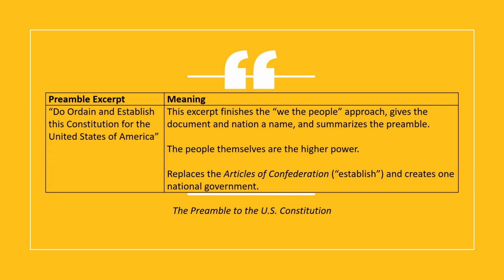And it summarizes the preamble, right? The goals and purposes of government are going to be found in the Constitution that we are establishing. The people themselves are the higher power. This phrase in particular replaces the Articles of Confederation and creates one national government.